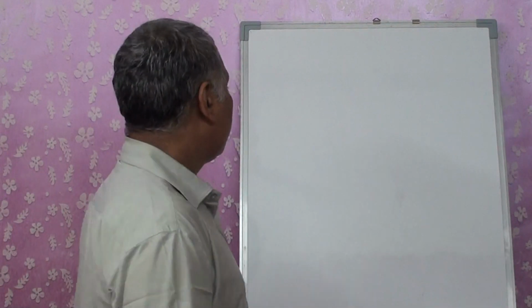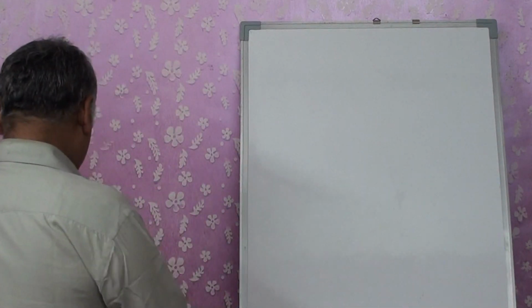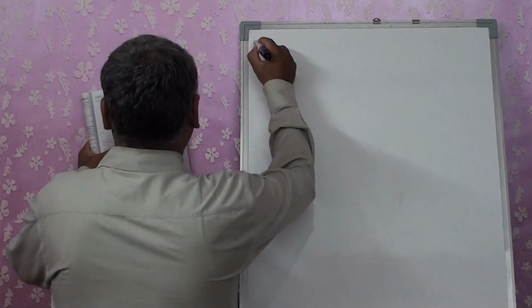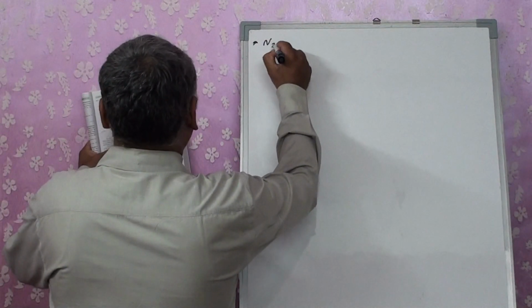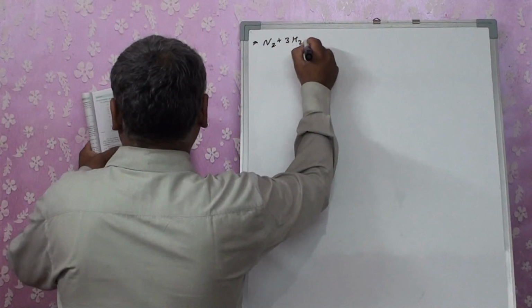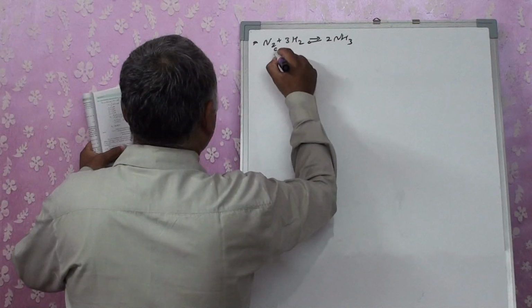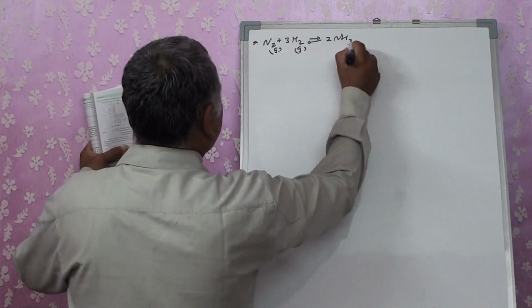First of all, the first numerical that we will be going through: N2 + 3H2 gives 2NH3. All three of them are in gaseous state.